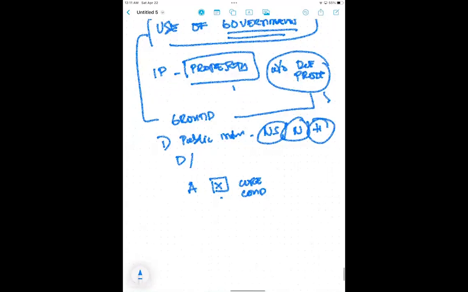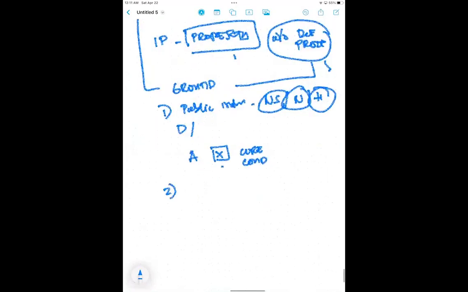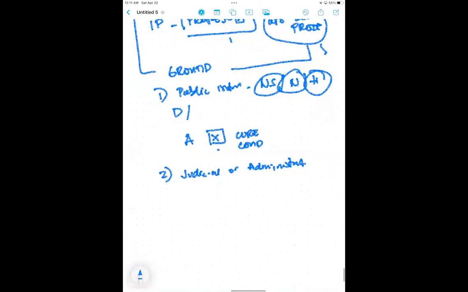Okay? And number two, when there is a judicial or administrative body that has determined that the manner of exploitation is anti-competitive.